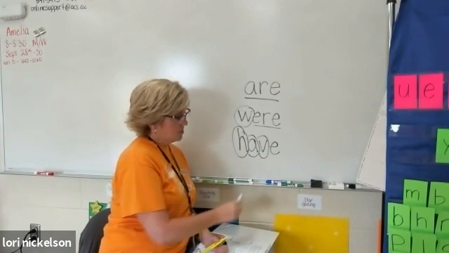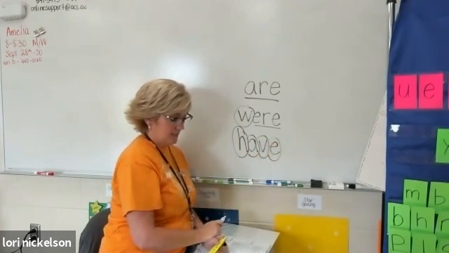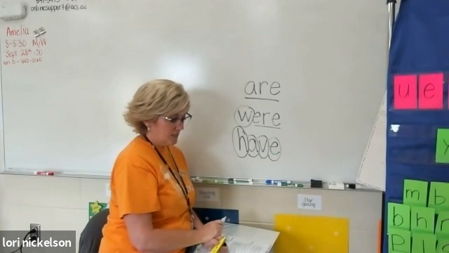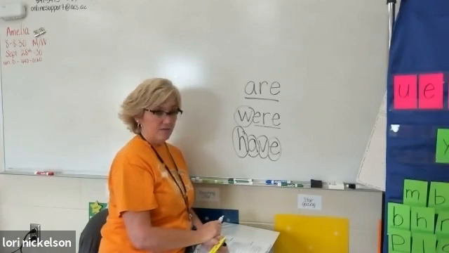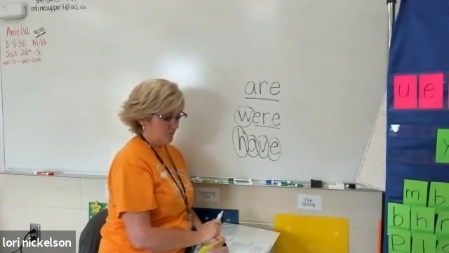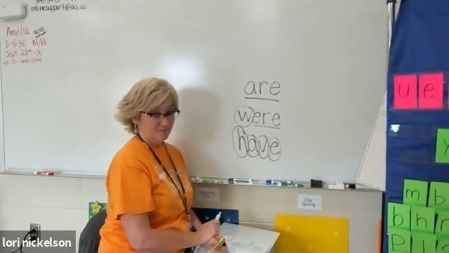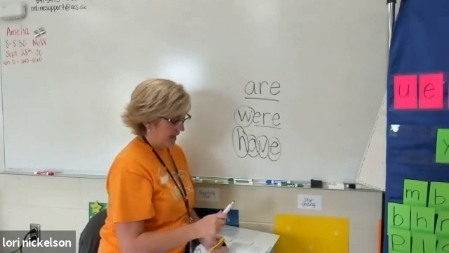And I'm also going to circle the letter E because it does not stand for any sound in this word. So when you read the word "have," you have to remember to pronounce it as "have." But when you write the word "have," you have to remember to add an E at the end of it. It's kind of silent there. Have.